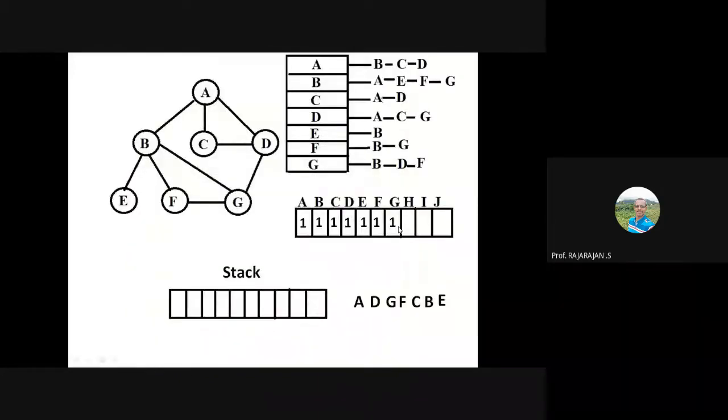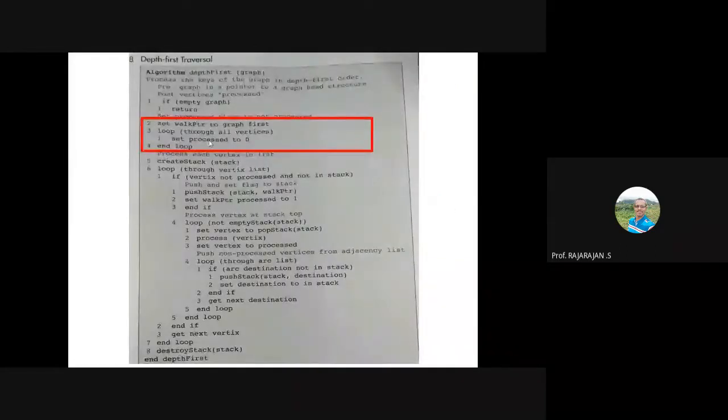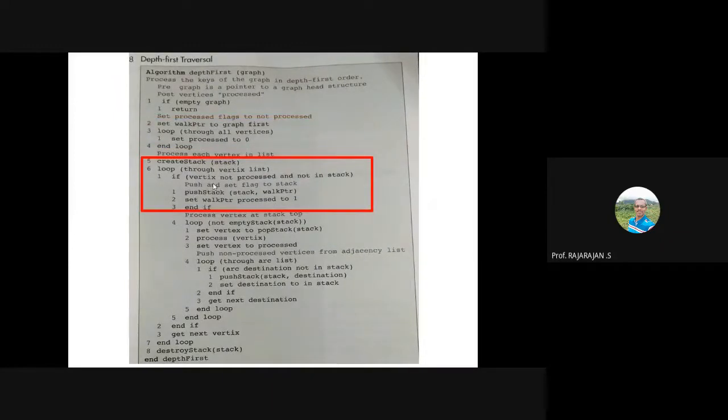This is the algorithm for DFS. The first step is it loops through all vertices and sets processed to be 0, which is nothing but this array is filled with zeros initially. Mark processed to be 0, and after that it commences the traversal.